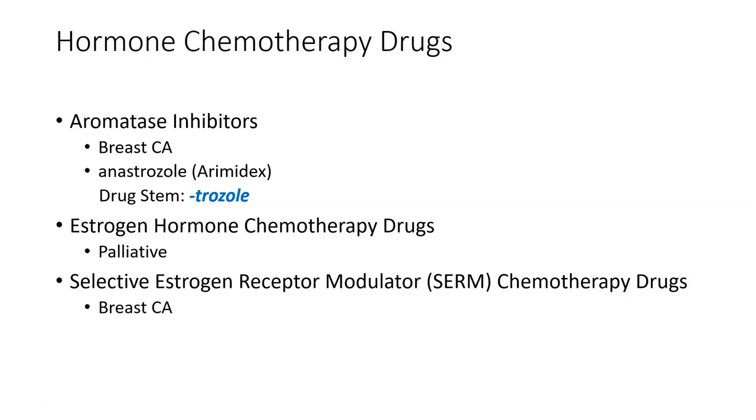So SERMs in this case are used to treat breast cancer. I've talked previously about SERMs in treating osteoporosis. That's when we want to activate the estrogen receptor. These are going to block the estrogen receptor. Drugs in this group include toremifene, which is Fareston. Tamoxifen is another drug in this group. They end in ifene.